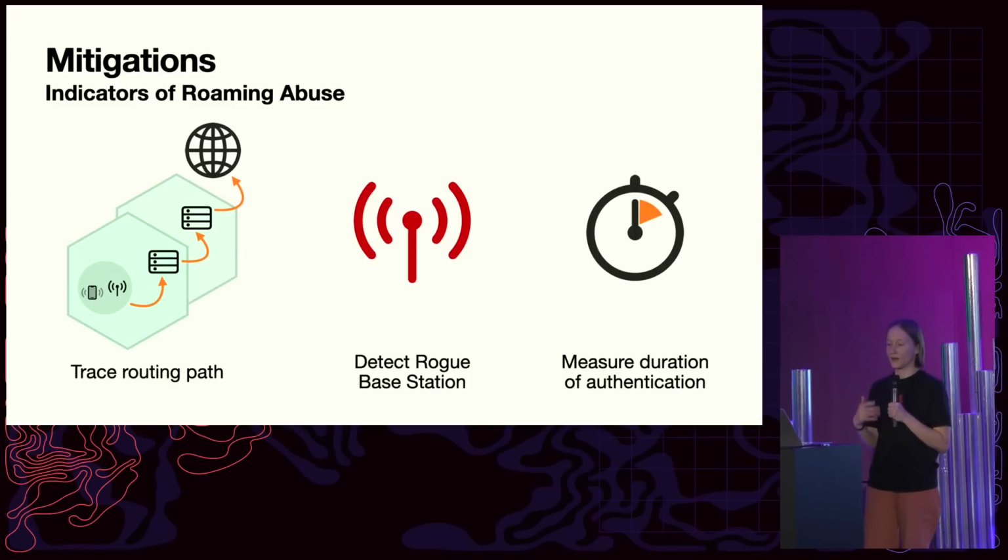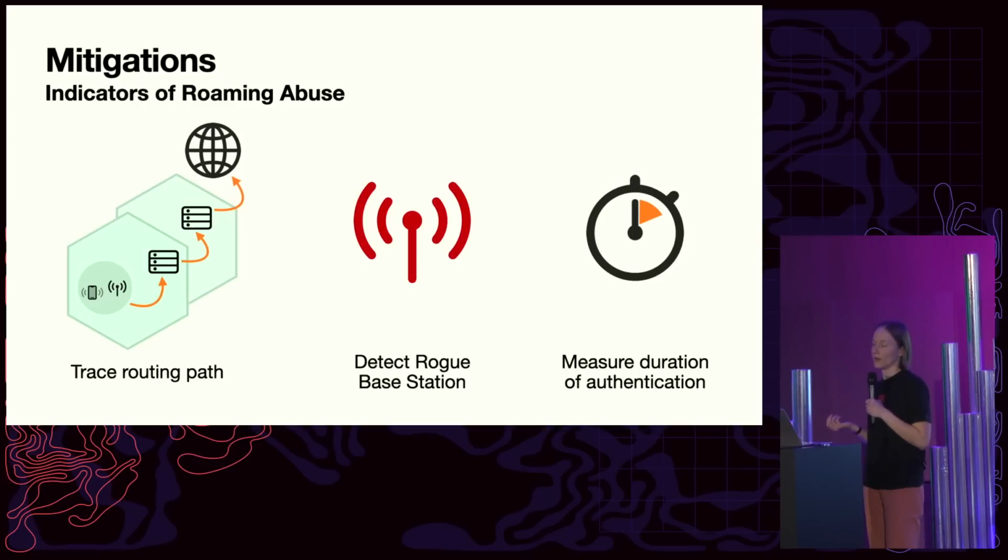Right. But usually for those rogue base station detections, if you use a rooted Android phone for that, you see it's more effort required. And since nowadays rogue base stations might be very specialized, it's also not so easy to detect.